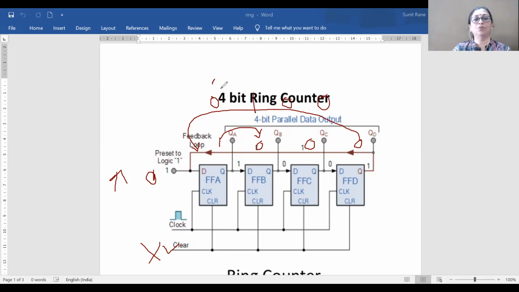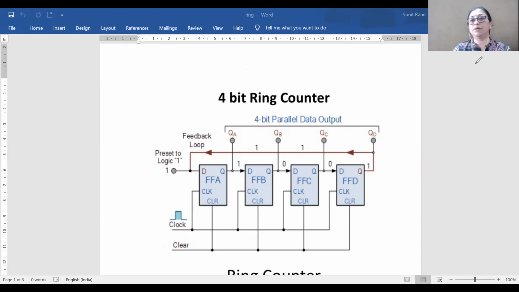The next output will be 0 0 1 0, and the next output will be 0 0 0 1, and after this we'll again get the output 1 0 0 0. So this is how this type of counter works. This is all about its working.